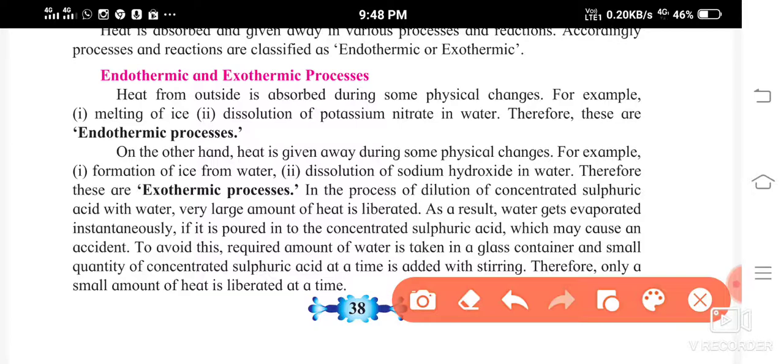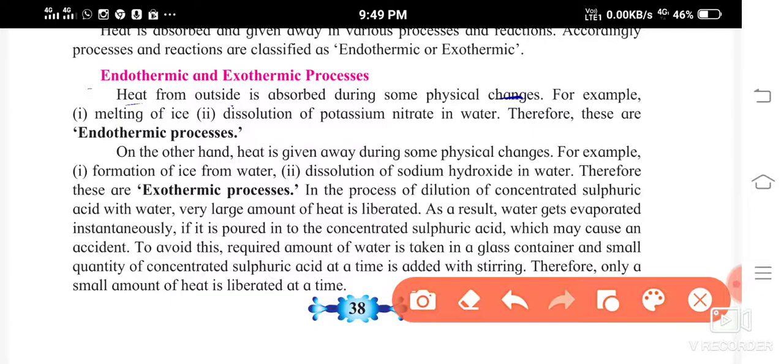In some of these changes, heat from outside is absorbed during physical changes, so we call this an endothermic reaction.